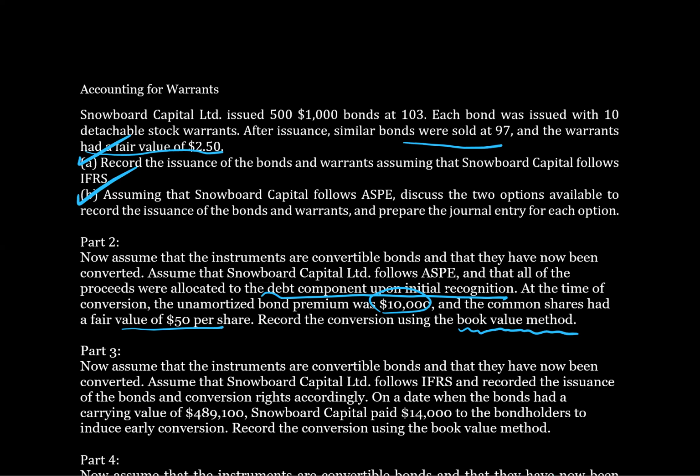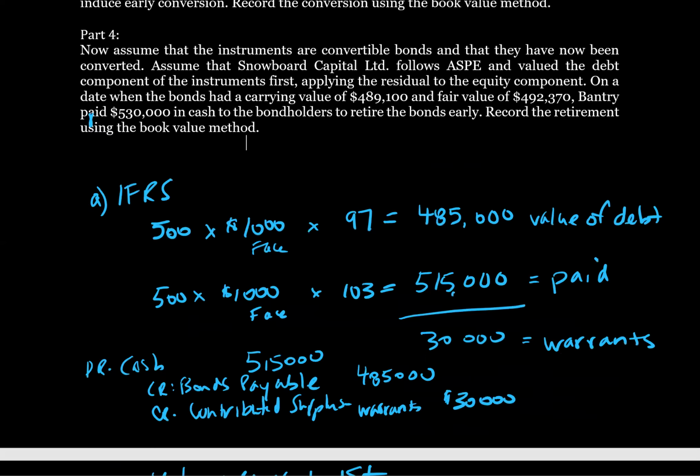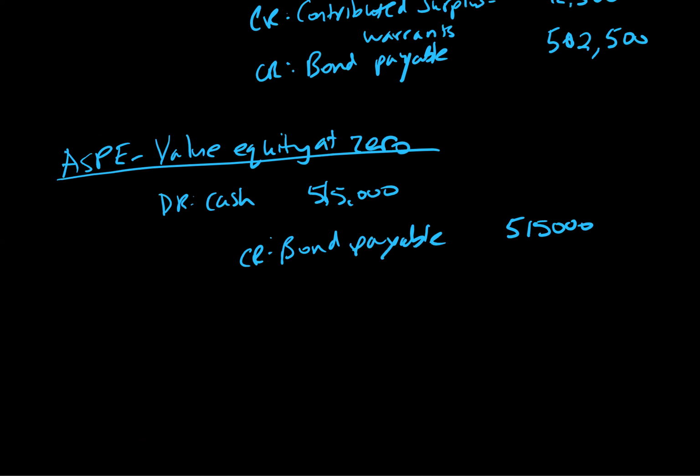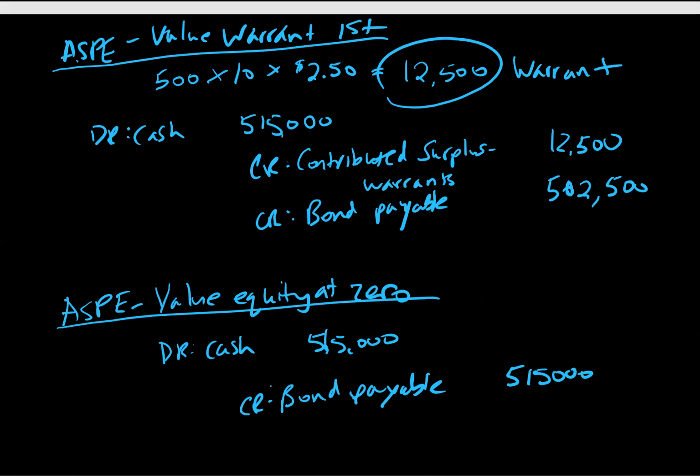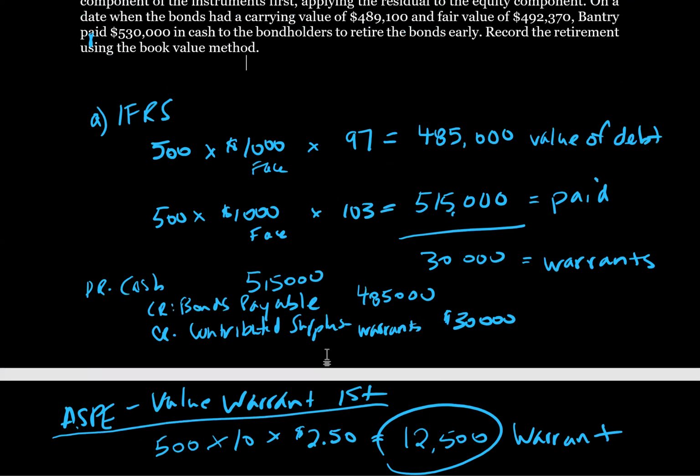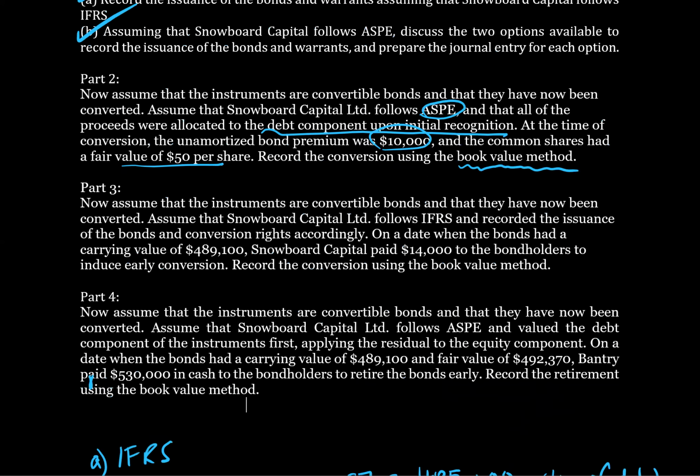So it says Snowboard Capital, assume that they followed ASPI and that all proceeds were allocated to the debt component upon initial recognition, meaning that we're looking at this scenario here where, under ASPI, there was an accounting policy choice to value the equity at 0. So now what's happening is that these warrants are going to be converted. So we're told that the unamortized premium was $10,000.